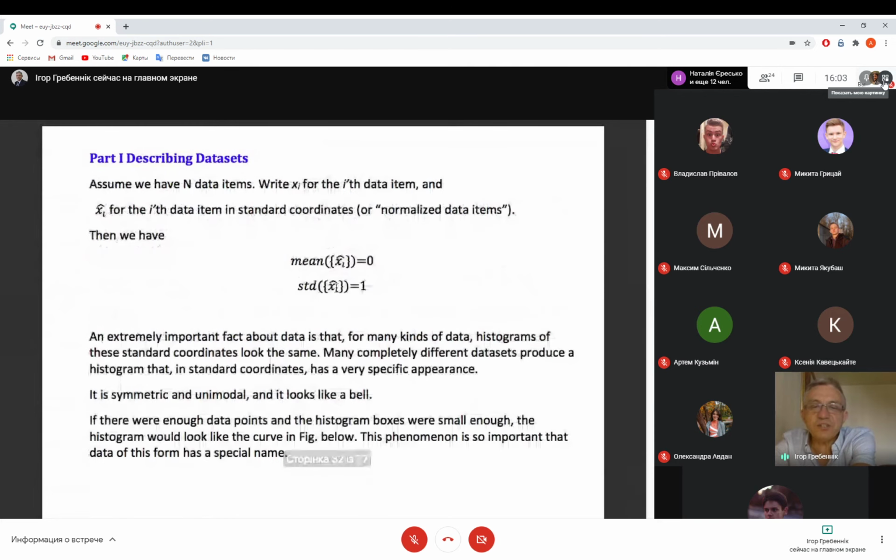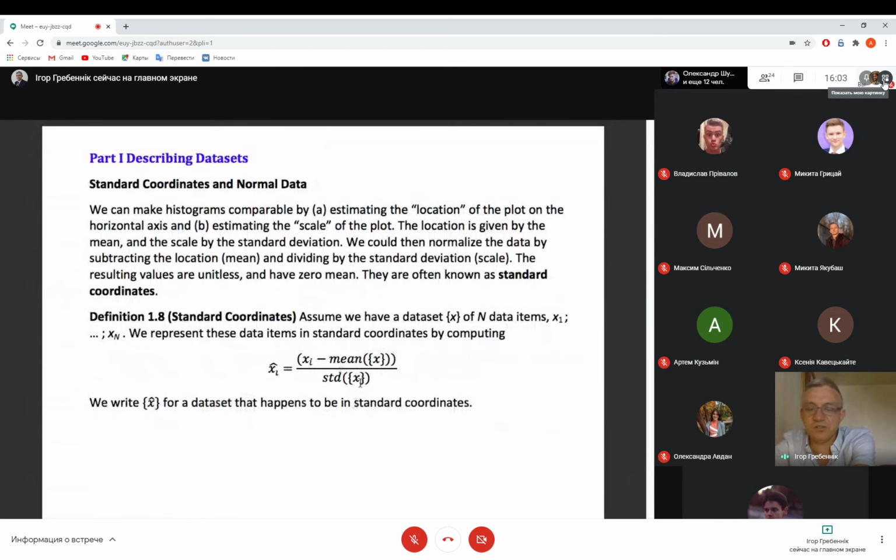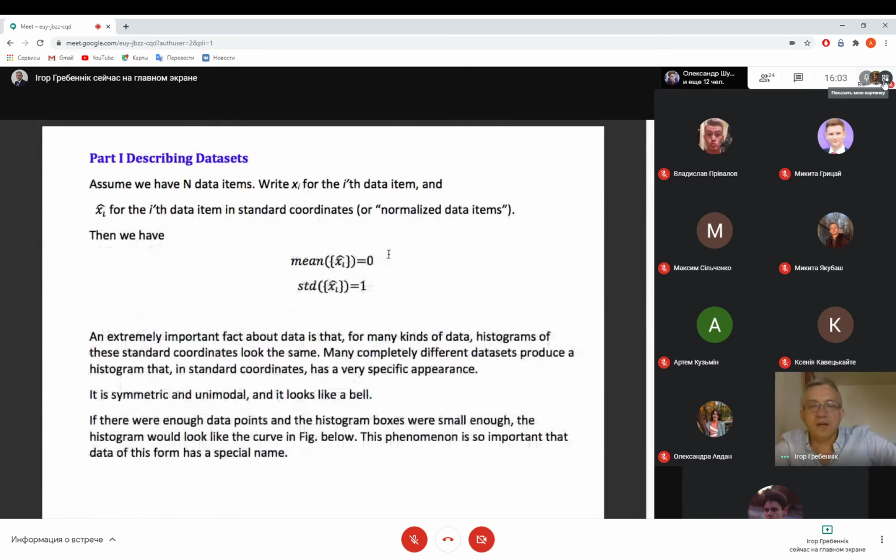And the standard deviation is equal to 1 because we divided by the standard deviation. So we obtain a data set with mean equal to 0 and standard deviation equal to 1.